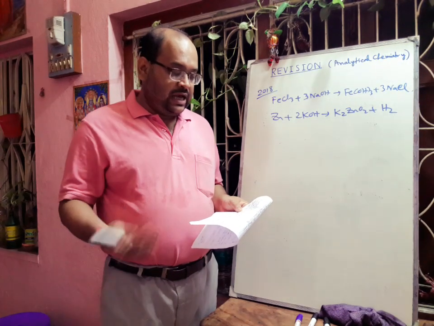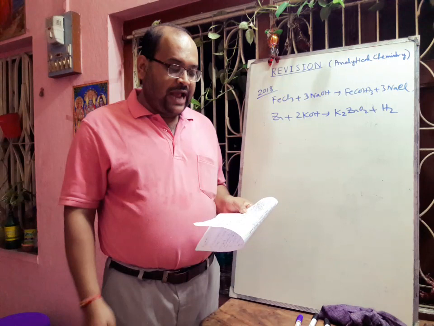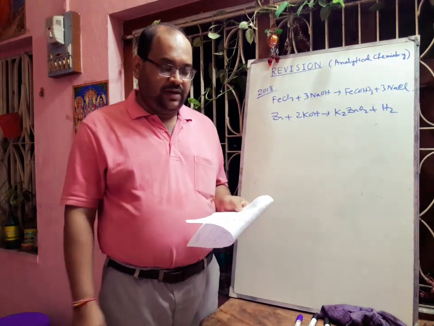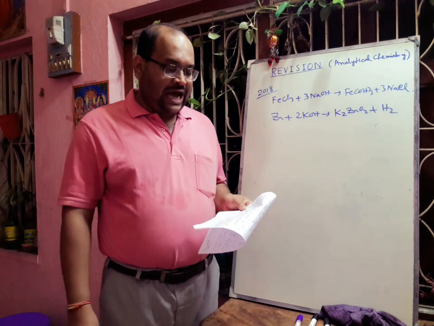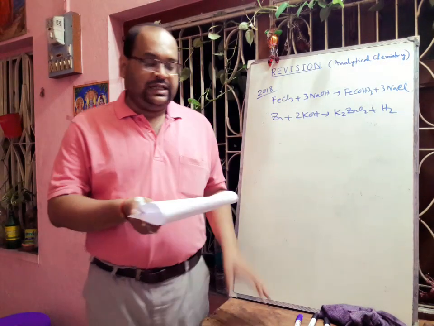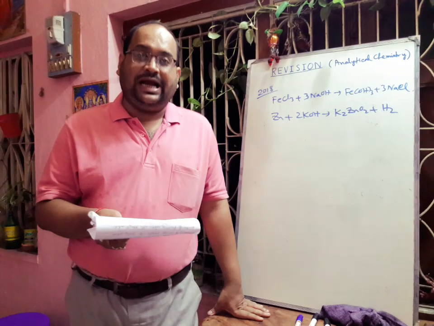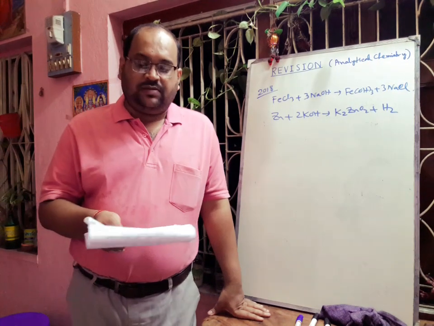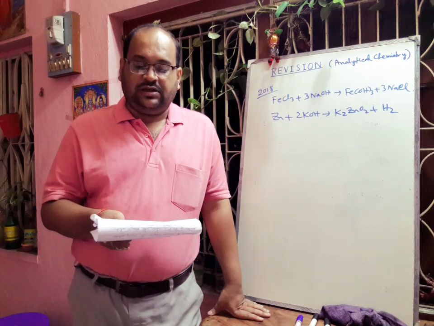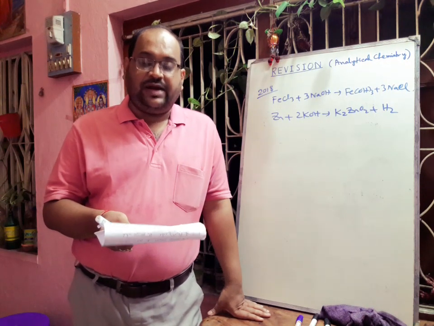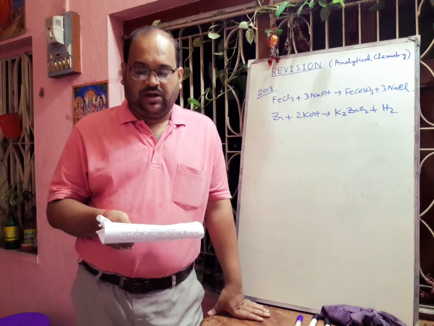But with zinc nitrate, if we add any chloride salt, there will be no visible change. Otherwise, you can use ammonium hydroxide. In the case of lead nitrate, there will be a chalky white precipitate of lead hydroxide, and if you add excess ammonium hydroxide, it will remain insoluble. But in the case of zinc nitrate solution, first a gelatinous precipitate of zinc hydroxide forms, and if you add excess ammonium hydroxide, it will become soluble.